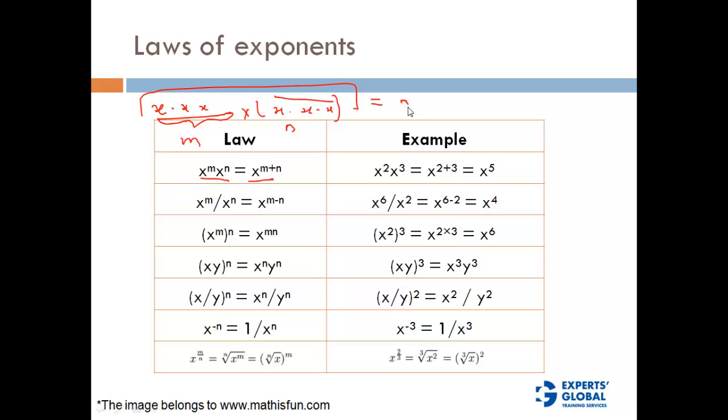That means totally I'll get x into x into x, a total of m plus n times. That means x raised to m into x raised to n is equal to x raised to m plus n. This is the first law of exponents. For example, x square into x cube is x raised to 2 plus 3, which is going to be x raised to 5.